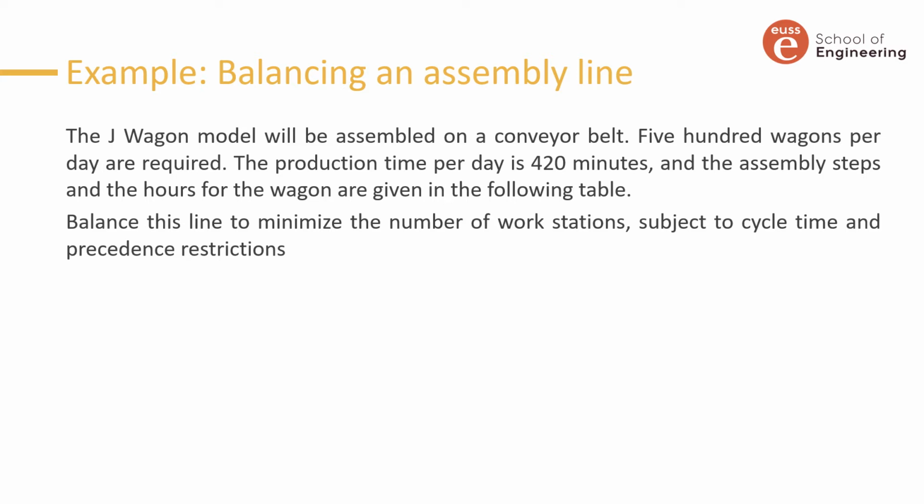Okay, because the other items are not changed, cycle time and the total sum of time of the tasks. So if we can balance our model in the form that gives us a minimum number of workstations, we are winners and we have a better efficiency for our system.